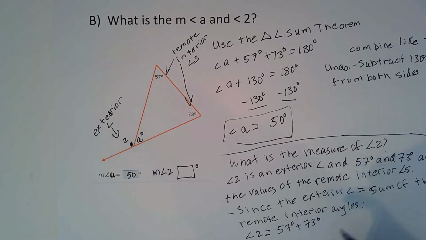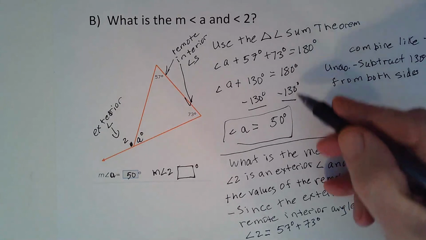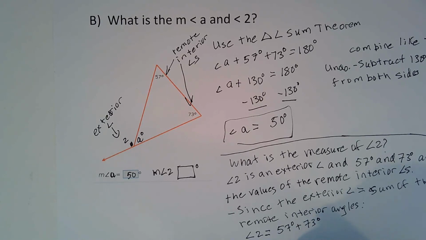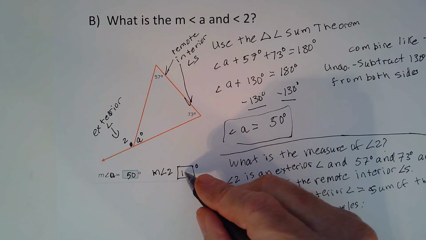And we already know that by adding this up before and showing it up above, 57 plus 73 is 130 degrees. So angle 2, the exterior angle, equals 130 degrees. So what I'm trying to show you, it's kind of the yin and the yang of these things.